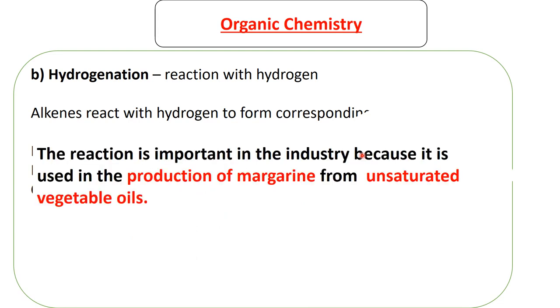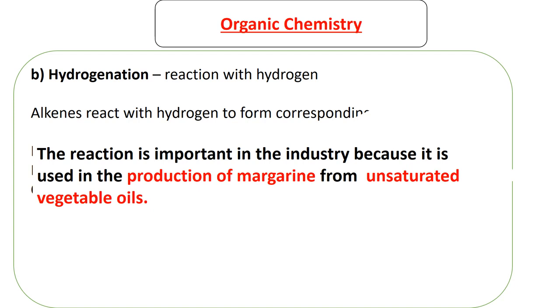Then there's this important point about hydrogenation. The reaction is important in the industry because it is used in the production of margarine from unsaturated vegetable oils. So to form margarine, unsaturated vegetable oils are reacted with hydrogen, then they become saturated. So in short, oils are oily, like cooking oil.